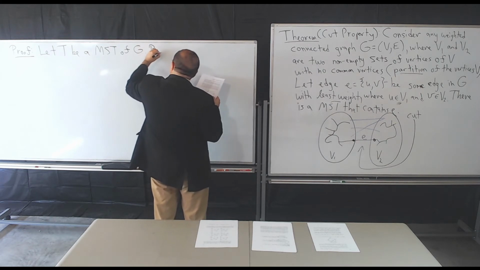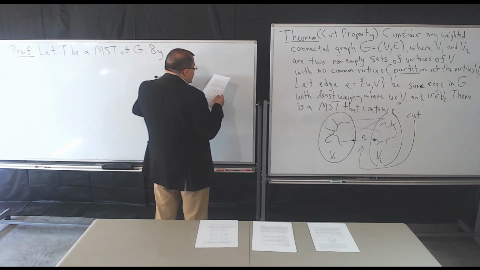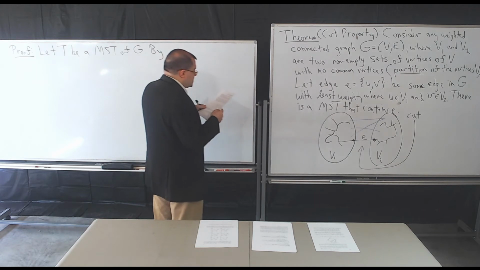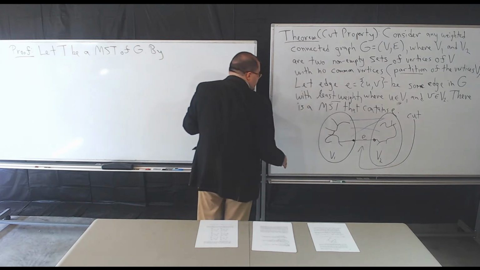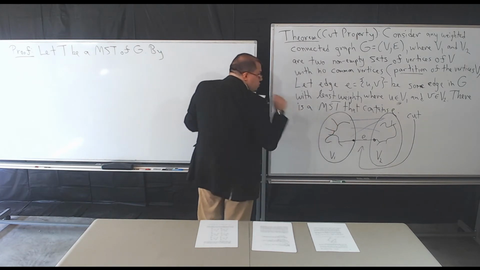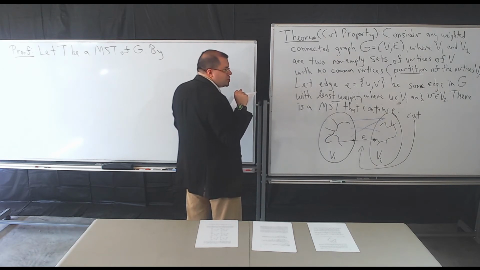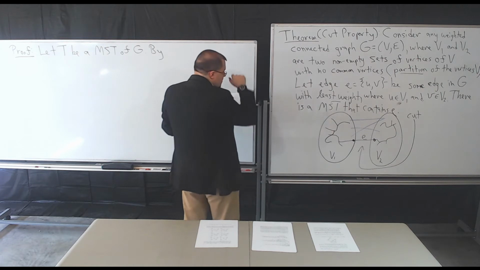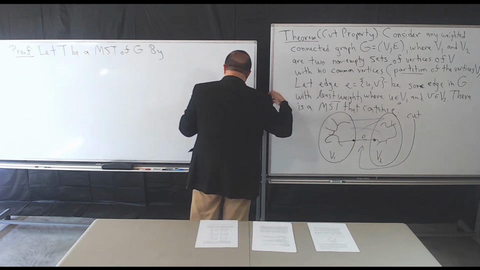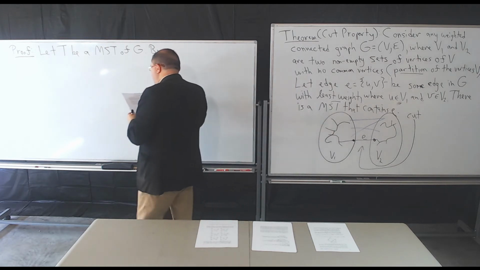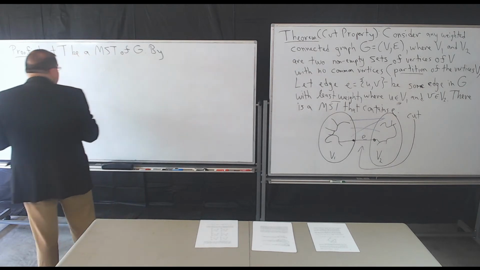Now, you should notice that E, the E as in the statement here, if I don't include E in this, what should T look like? So imagine I give you some tree that doesn't contain E. What should it look like?